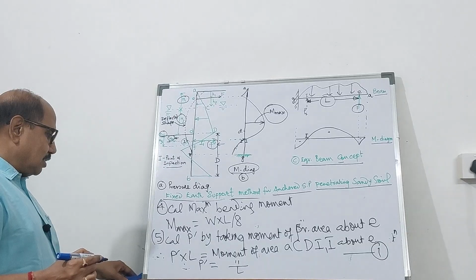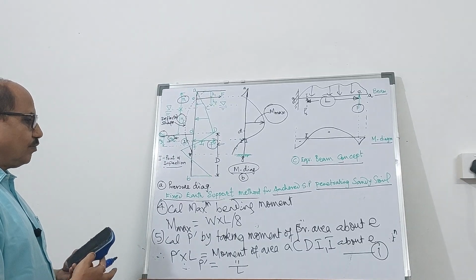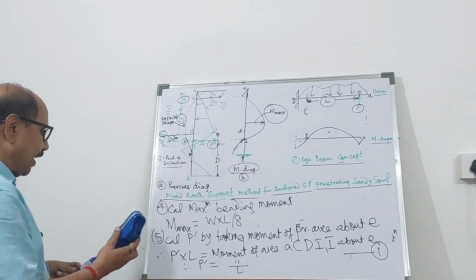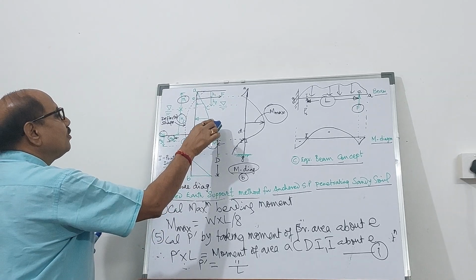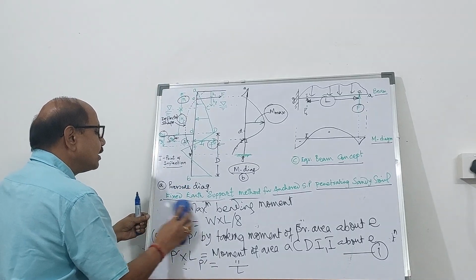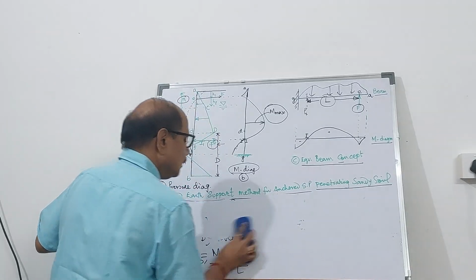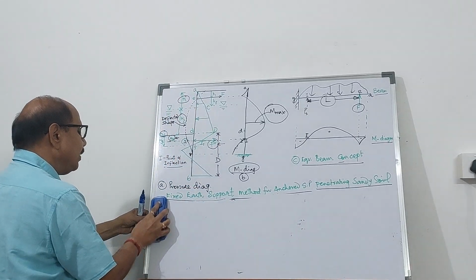Once you do this, you know the maximum bending moment, you know P prime, and therefore you can calculate the depth of embedment. So what is the depth of embedment from the dredge line up to the bottommost point? So let's now calculate the depth of embedment.